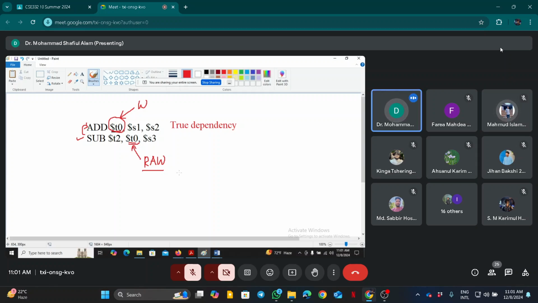So this is one kind of hazard. And we also have other data hazards, usually applicable in the case of processors that allow out of order execution.